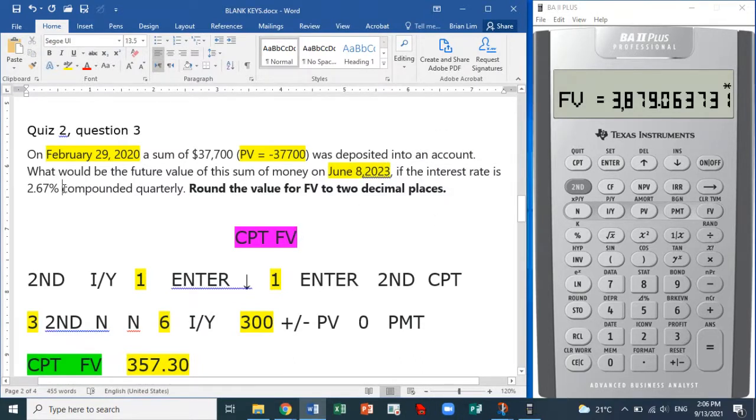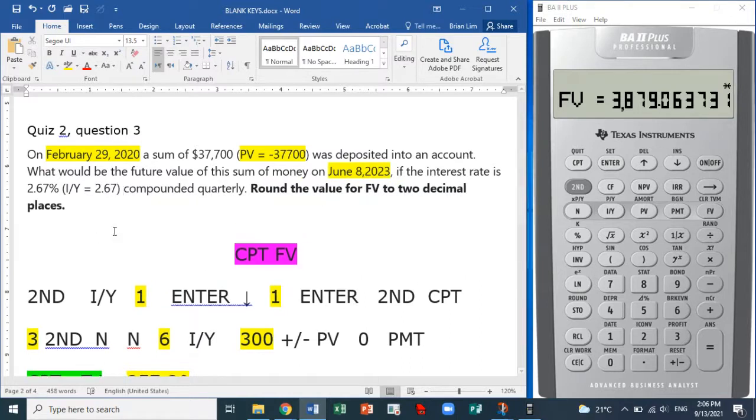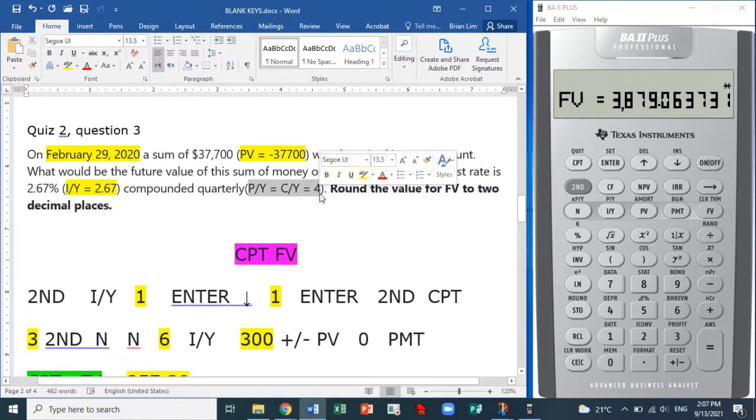The interest rate is 2.67%, so that is I/Y equal to 2.67, compounded quarterly. Compounded quarterly means that P/Y is equal to C/Y is equal to 4. Right? And that is that.